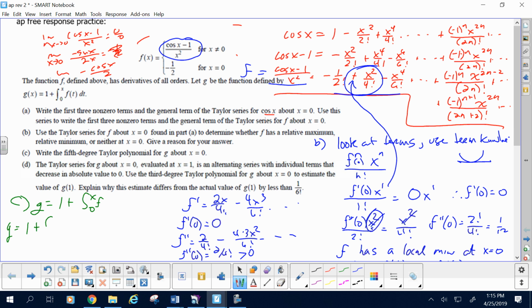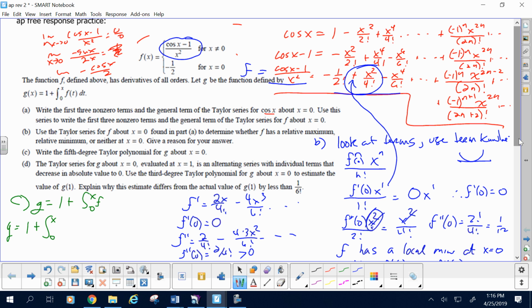I just determined what the series for f is. Now they would read with you, so if you made some kind of goofy sign error in that, like you switched to negative, you would lose a point in B, obviously, but you would still be in for G. They would read with you and go with what you have.